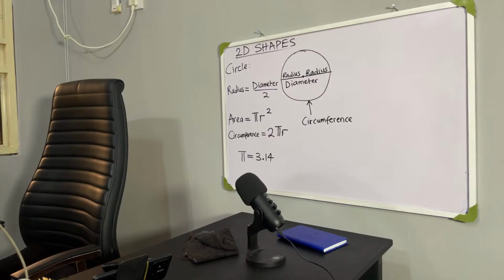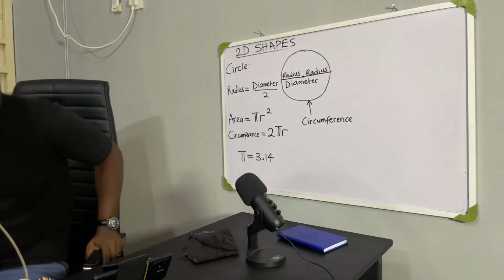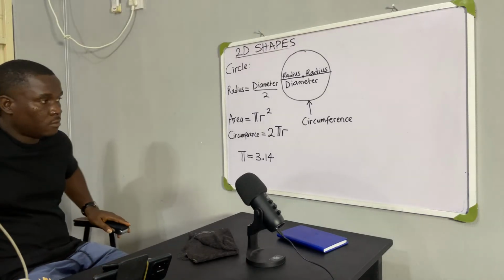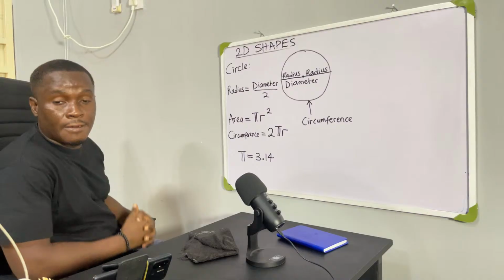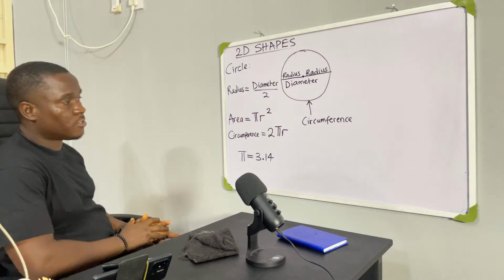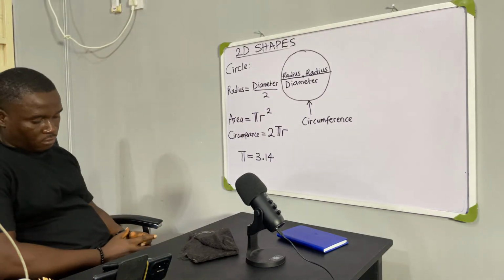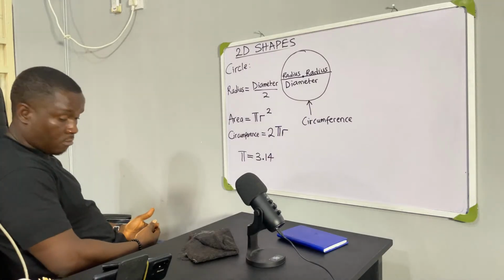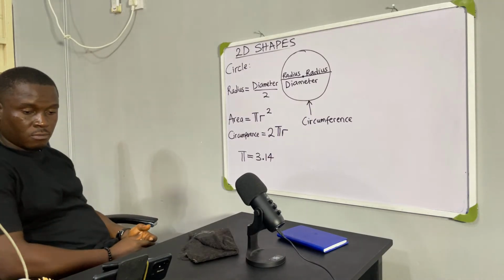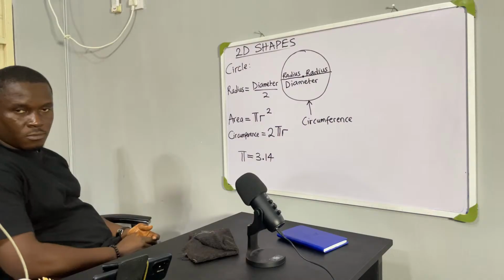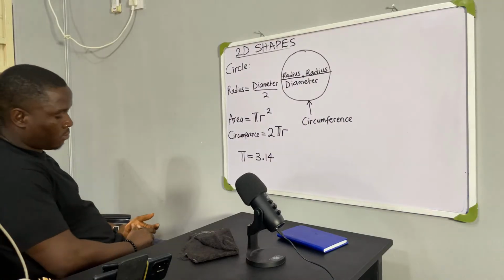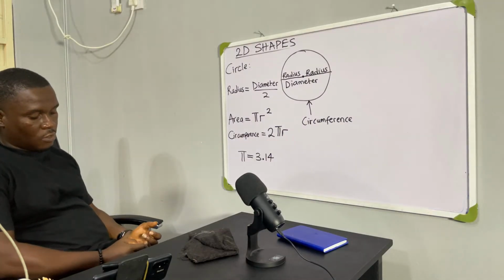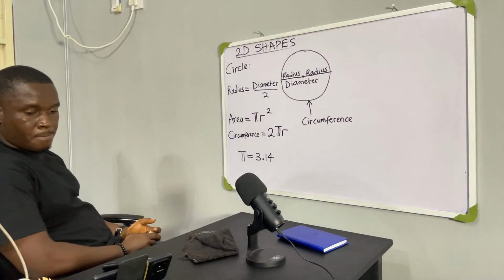So R in this context of area is pi r squared. That's radius squared, right? Yeah, R is radius. Can we continue? Yes, please.